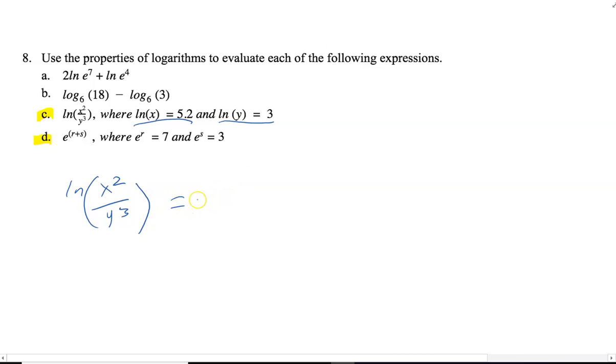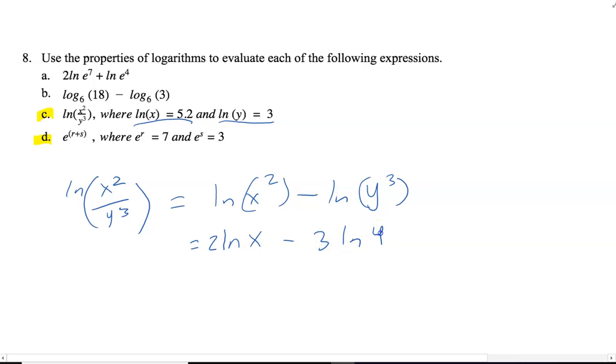By property 2, this will be ln of x squared minus ln of y cubed. Then by property 3, this becomes 2 ln of x minus 3 ln of y.